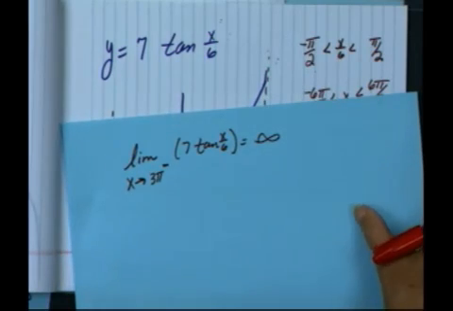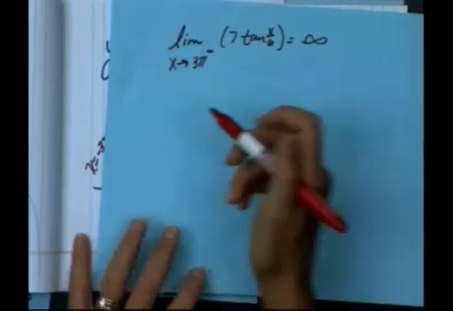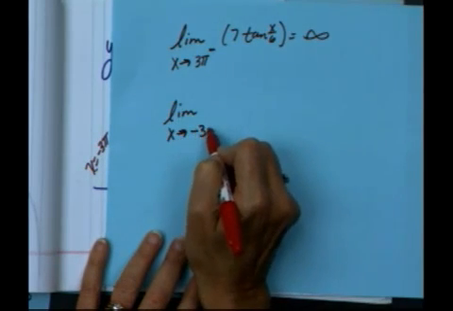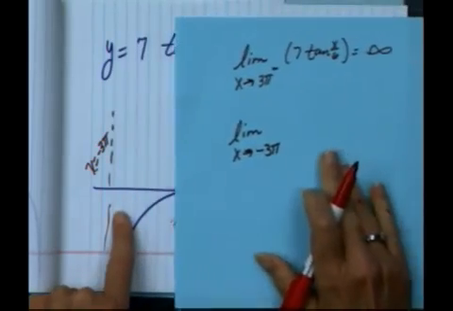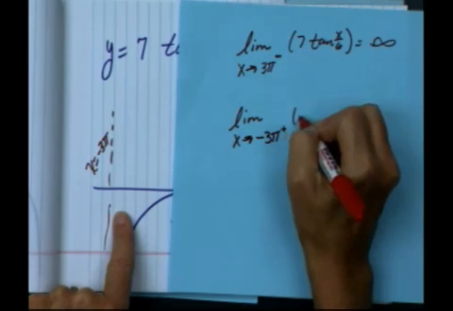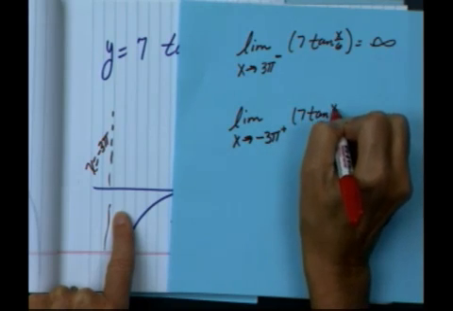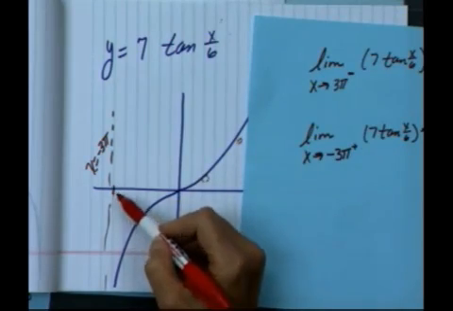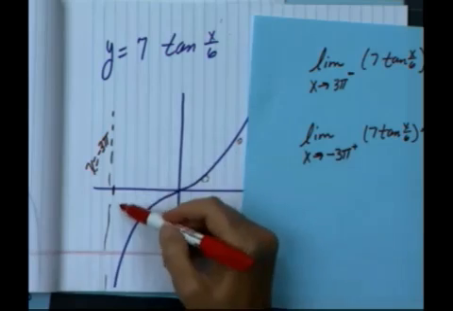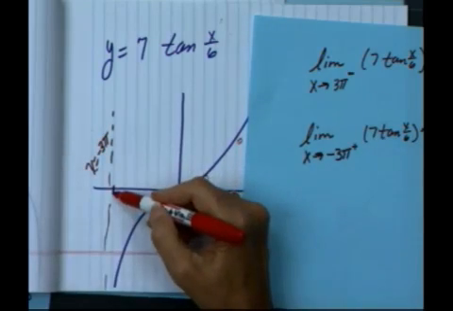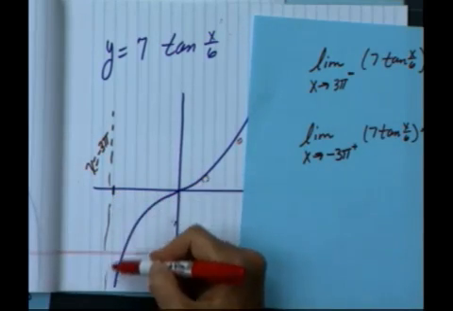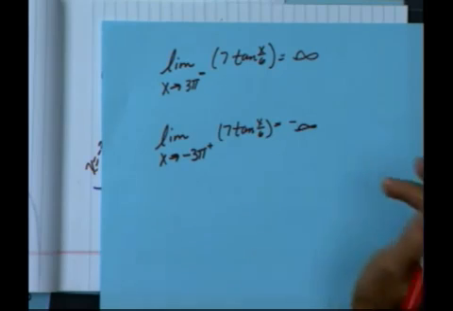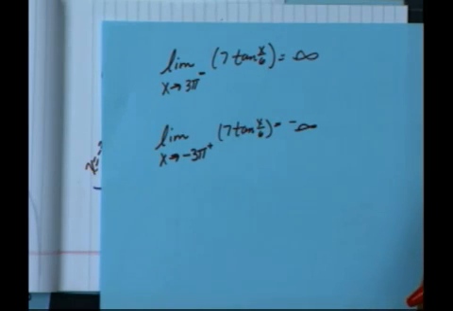The y value heads in the direction of infinity. What is the limit as x approaches negative 3 pi, but just a little bit bigger, of 7 tangent x over 6? Remember, this is a little bit bigger than negative 3 pi because it's moving in the more positive direction. Where's the y value headed? Negative infinity. Everybody good?